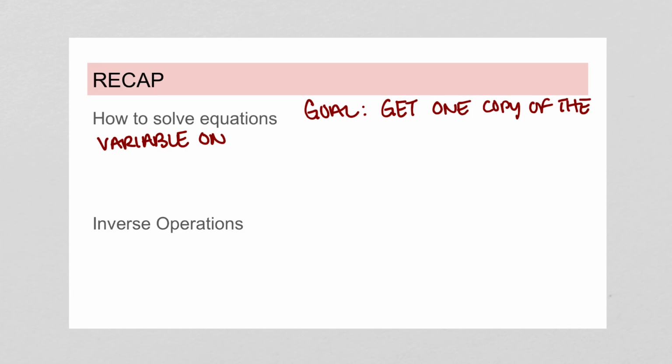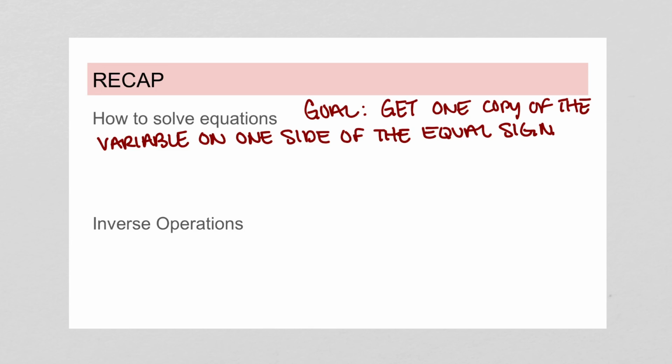We want it on one side of the equal sign. That just means I can't have an x on both sides. I have to have my x just on one side. Once we do that, that helps us determine if we have one answer, no answer, or many answers, and if we do have just one answer, what that answer is.